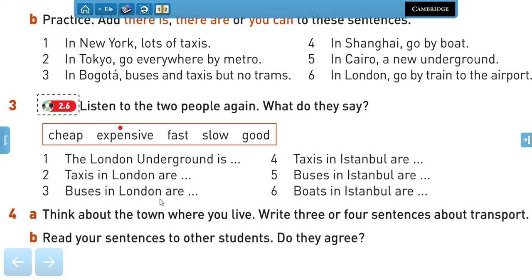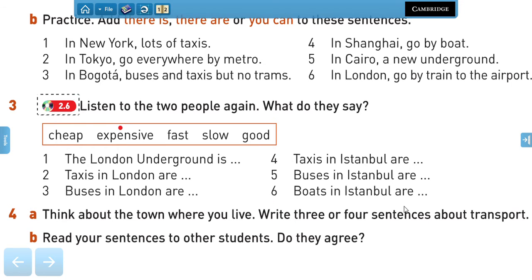And buses in London are slow. Very good. Taxis in Istanbul are cheap. Buses in Istanbul are cheap and slow, right? And boats in Istanbul are cheap and good.